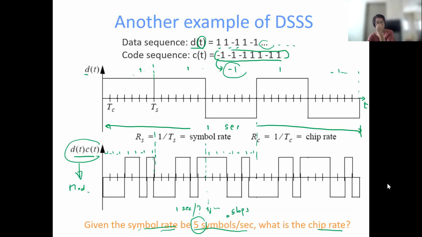Okay, I will ask you in a quiz if you don't understand here. Okay, so we cannot get a good score, all right? What is the chip rate? How many chips in 1 second for this example? Brooke? How many chips in 1 second? This is called chip rate.